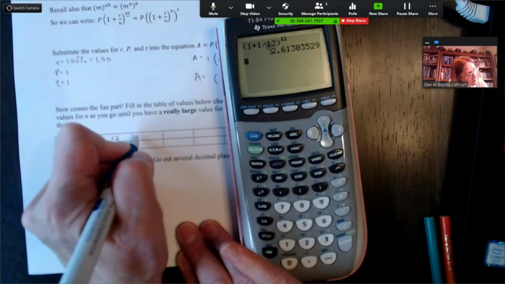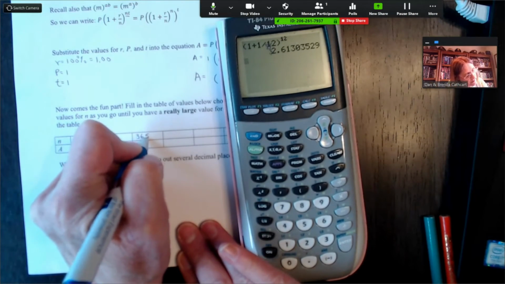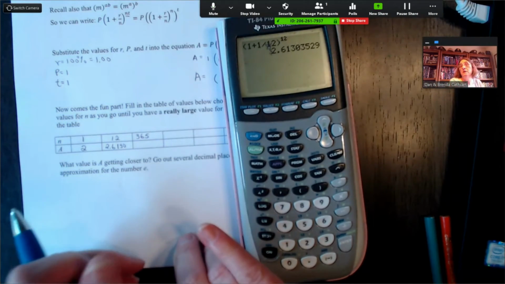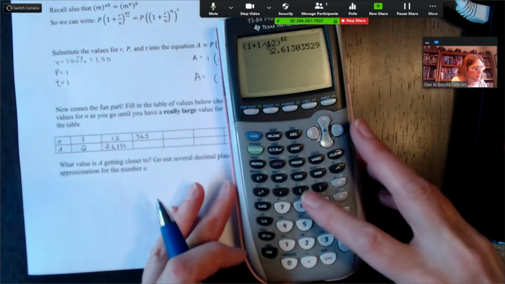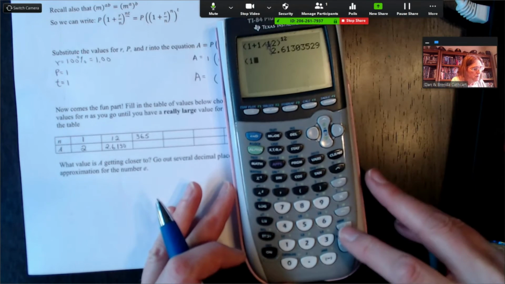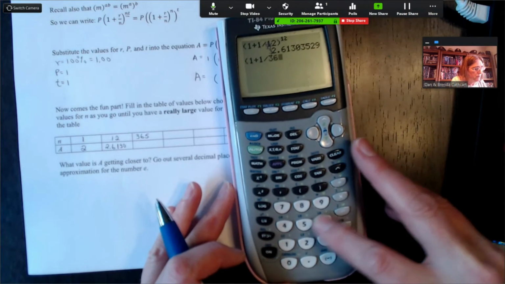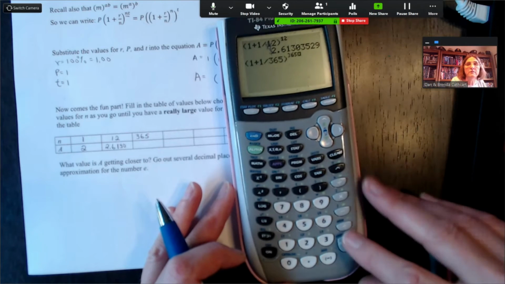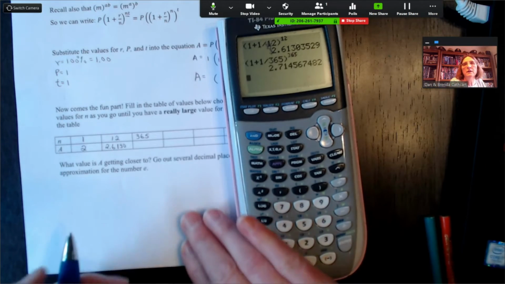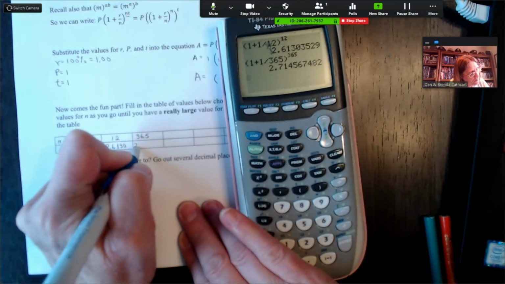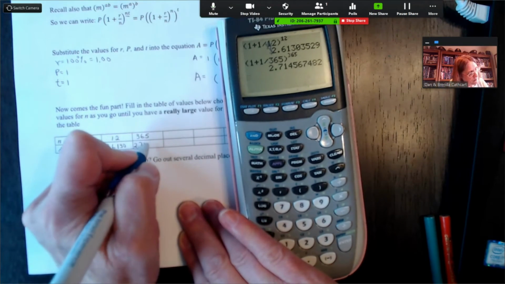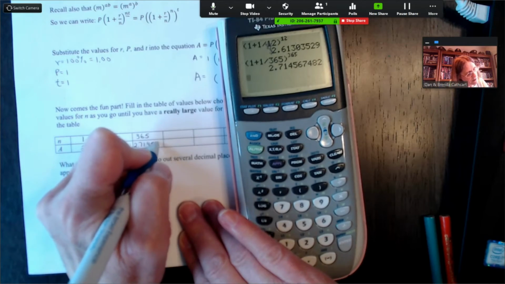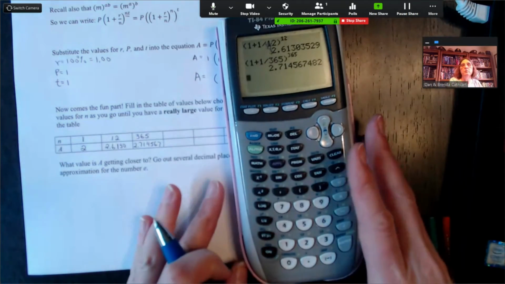So n could be 365 times in a year. We have 1 plus 1 divided by 365 raised to the power of 365, and that gives us 2.71457. We'll throw a few more decimal points there.